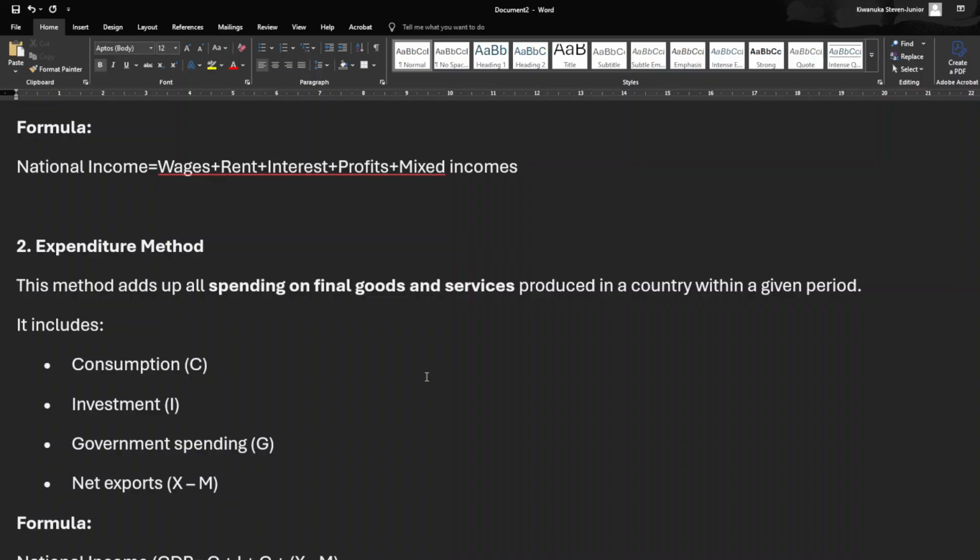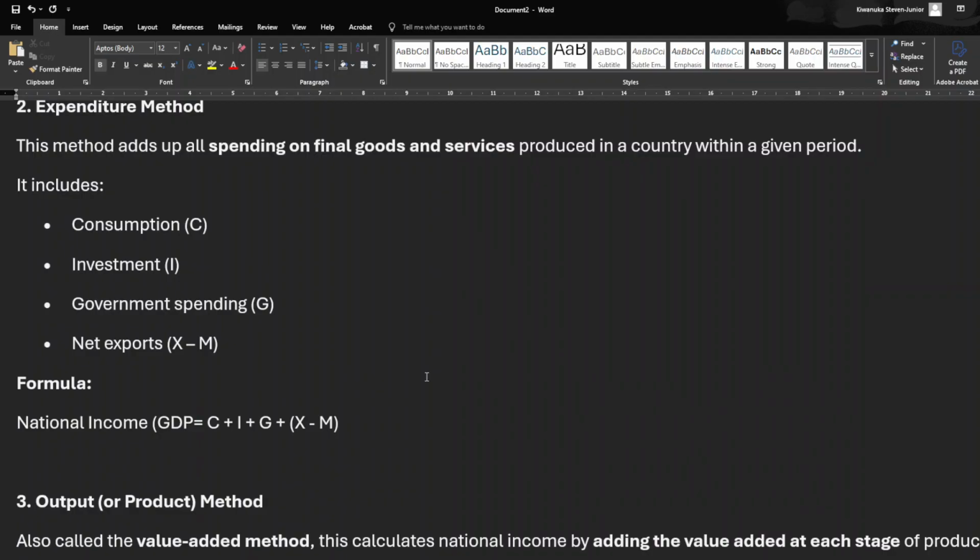Net exports is the difference between the exports and the imports. So the formula is national income, or GDP, equals C plus I plus G plus net exports.